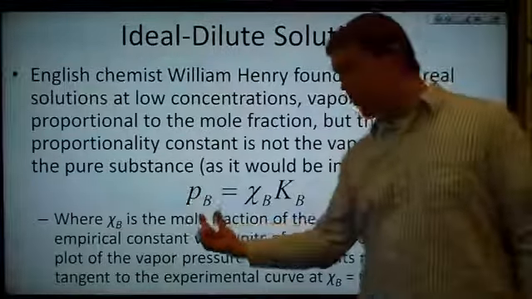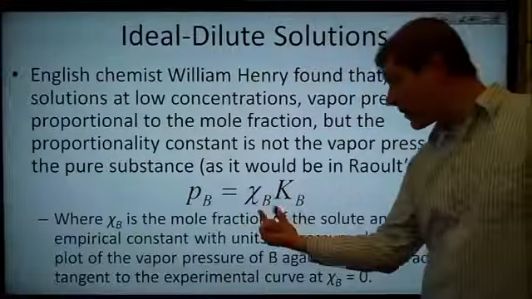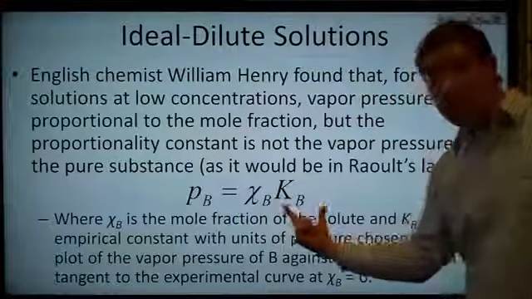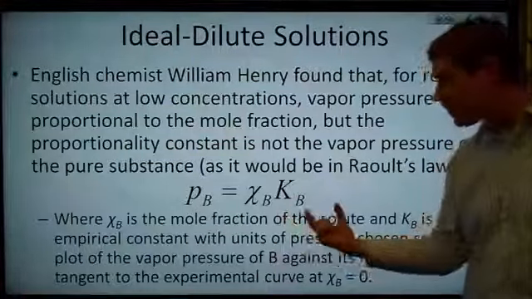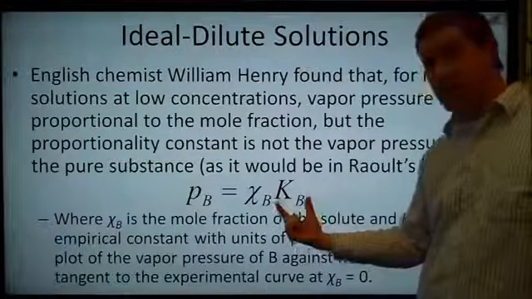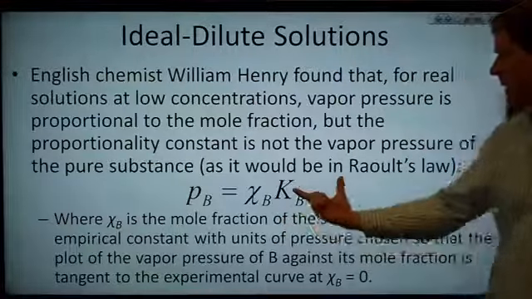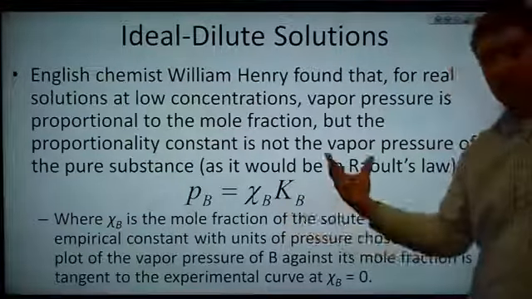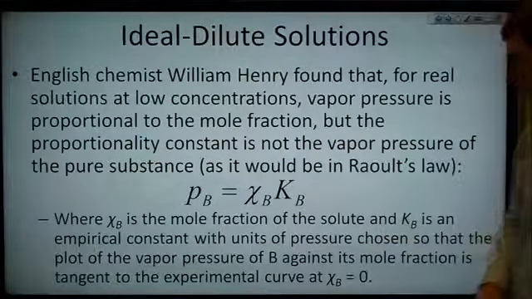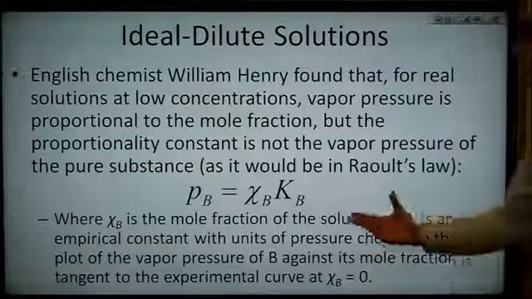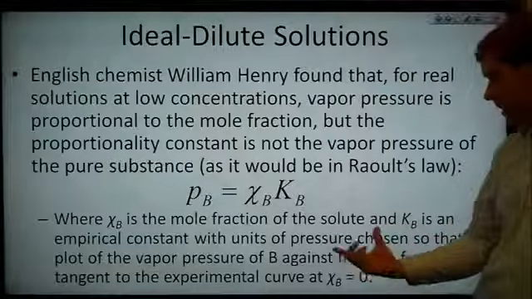So it has a similar form as Raoult's law. The vapor pressure of component B is equal to the mole fraction of B times, in Raoult's law, the vapor pressure of B while it was pure at that same temperature. But here we have some constant, K_B, and that constant is not the same as the vapor pressure of pure B. This is an empirical constant with units of pressure.